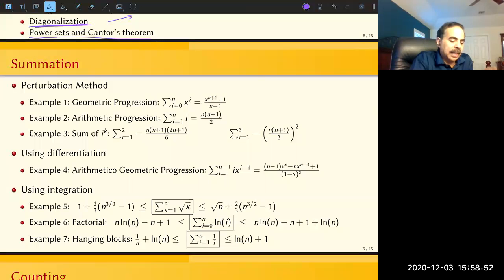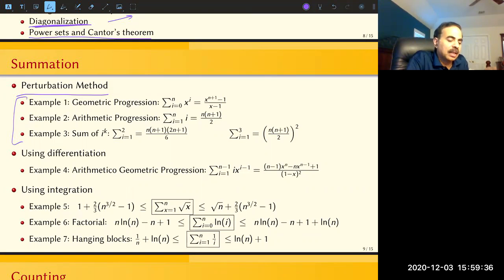So we looked at three main techniques for summation. One is called the perturbation method, which basically involves rearranging the terms in such a way that somehow we can get a closed form solution. So this is not a precisely defined technique, right? That's why we just give you a few examples, and the examples give you a general idea, but they also tell you that this is not a completely, fully specified method.